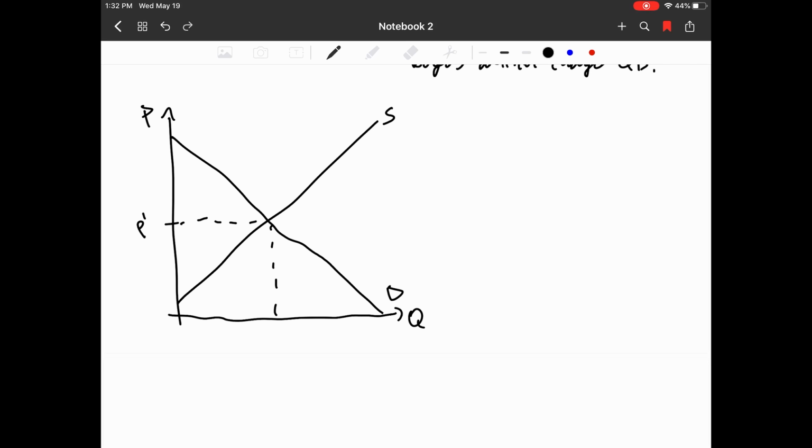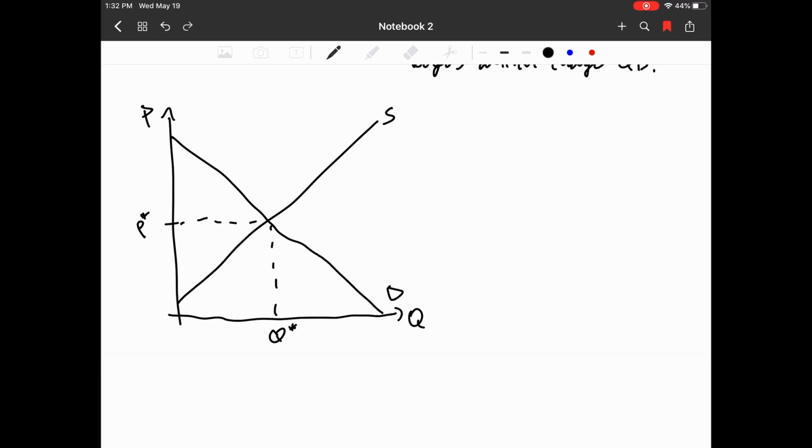So this is our equilibrium price, P star, and equilibrium quantity, Q star. So you'll remember equilibrium just happens when the curves cross, and we'll walk through the intuition behind why this is true.